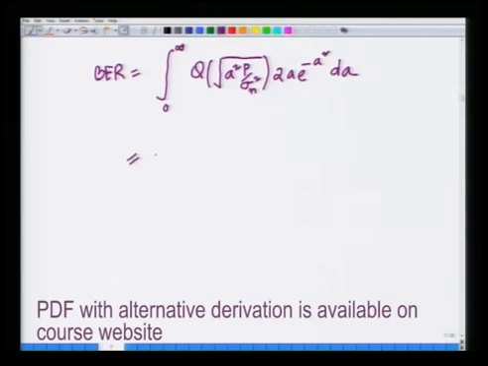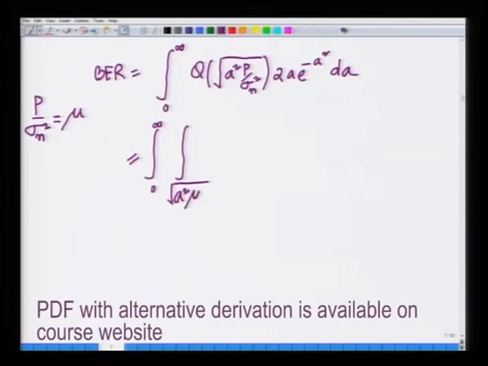So, this now becomes two integrals, one integral for the averaging over the a, the other integral for the CDF of the Q function, because the Q function as a function of a is given as an integral. Let me denote this P over sigma n square, which is a constant, by mu.